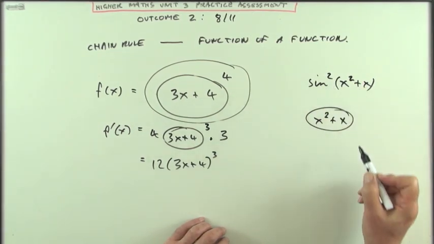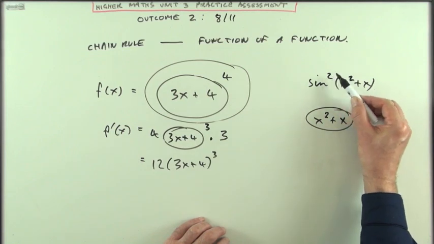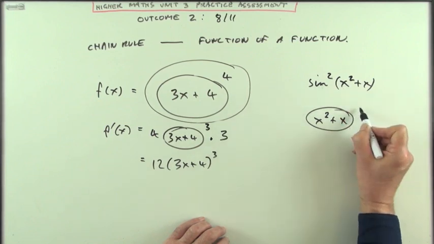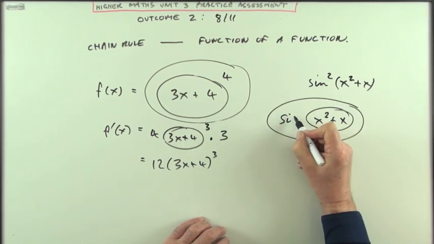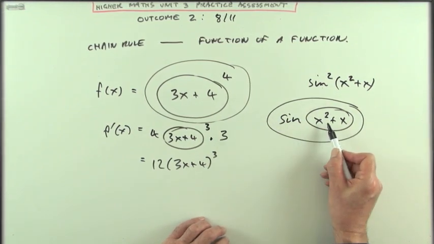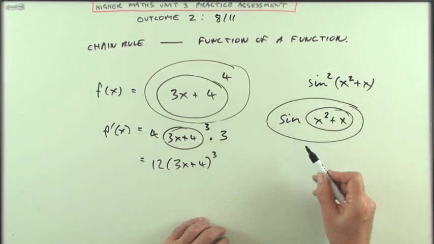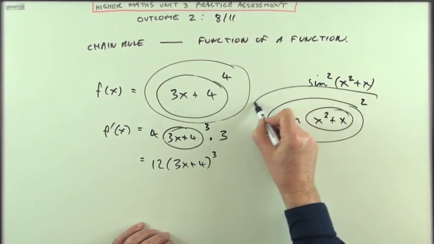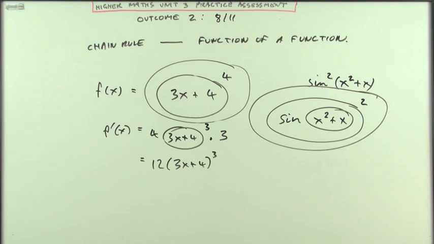You feed that to sine. Now you have to be clear about the square. That square belongs to the sine, not to this bracket. You feed that to the sine, so the sine comes along and acts on that. And then whatever answer you had for the sine of it, this is a different operation again, you then take the square of that.